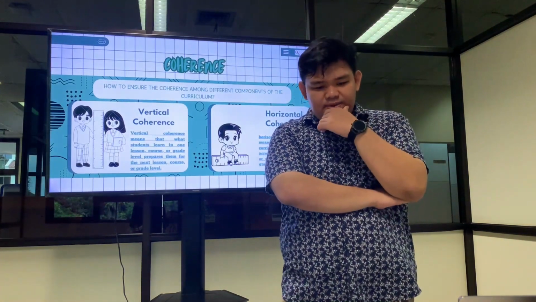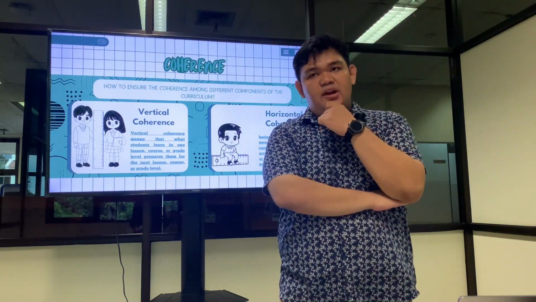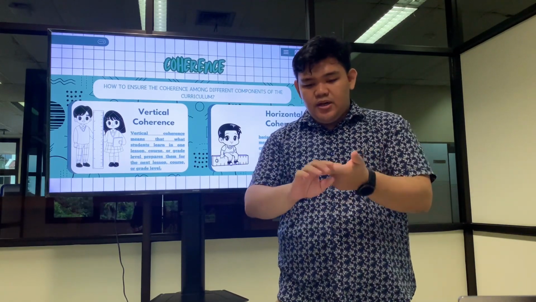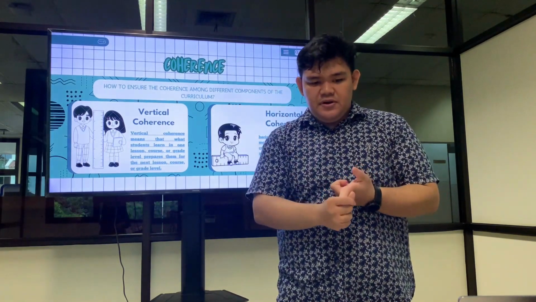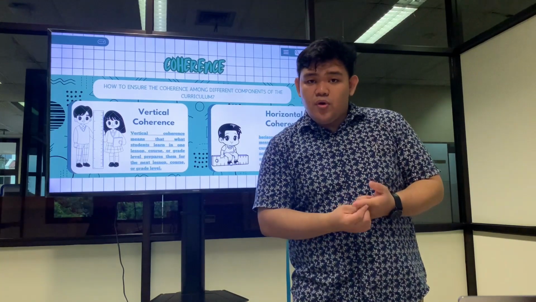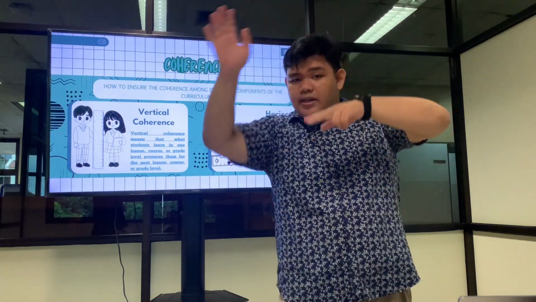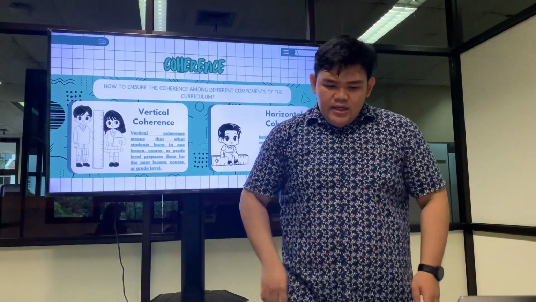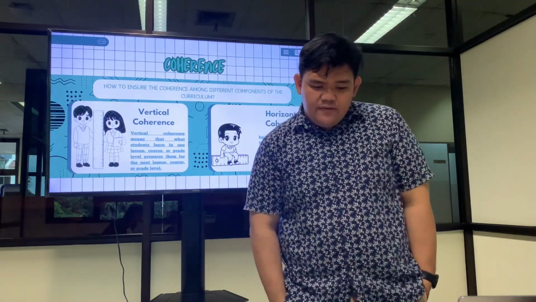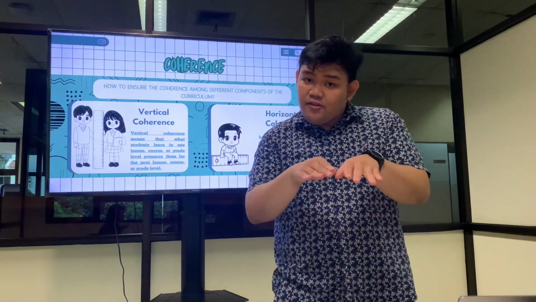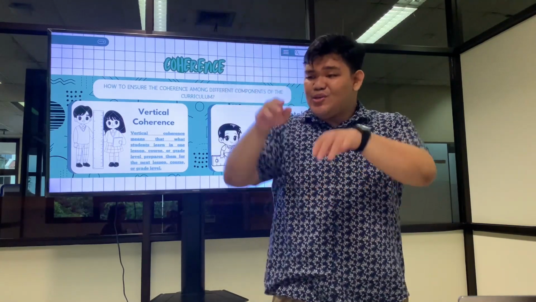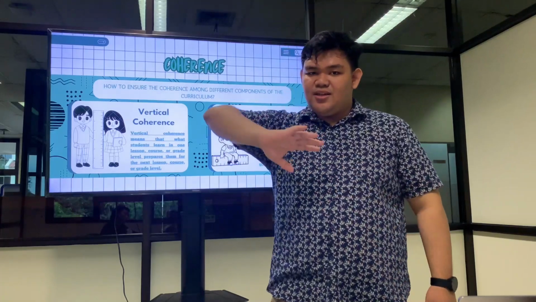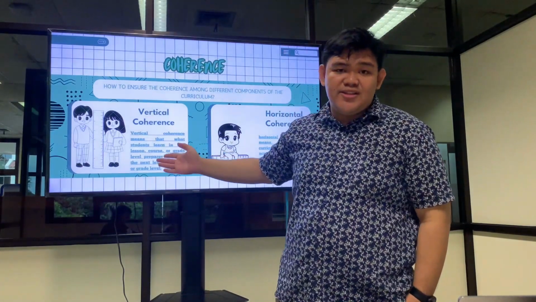For example, guys, back then when you were in the undergraduate program, you had Metopen, or research method, and then in the next semester you had research proposal, and then in the next semester you had thesis, right? It's like step by step. And then back then in PBI we had basic writing, then advanced writing, and then academic writing. So it's step by step. There is a correlation between subjects in each semester. Basically, vertical coherence talks about that.